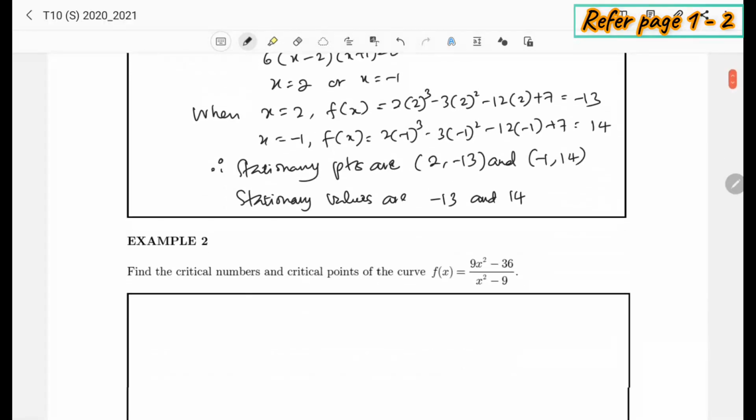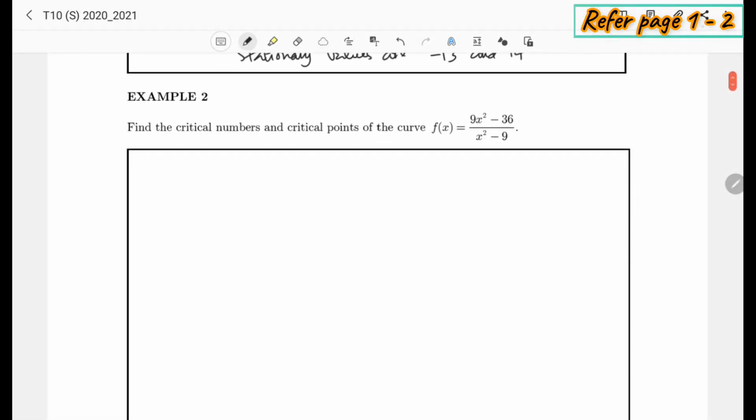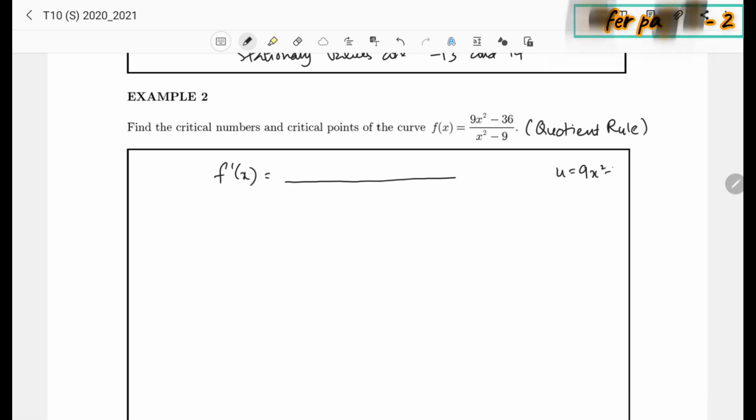Let's move on to the second example. So we need to find the f prime x. This is in the form of a fraction, so we need to use the quotient rule. List out your u. Your u will be 9x squared minus 36, so u prime will be 18x. v will be x squared minus 9, so v prime is 2x.